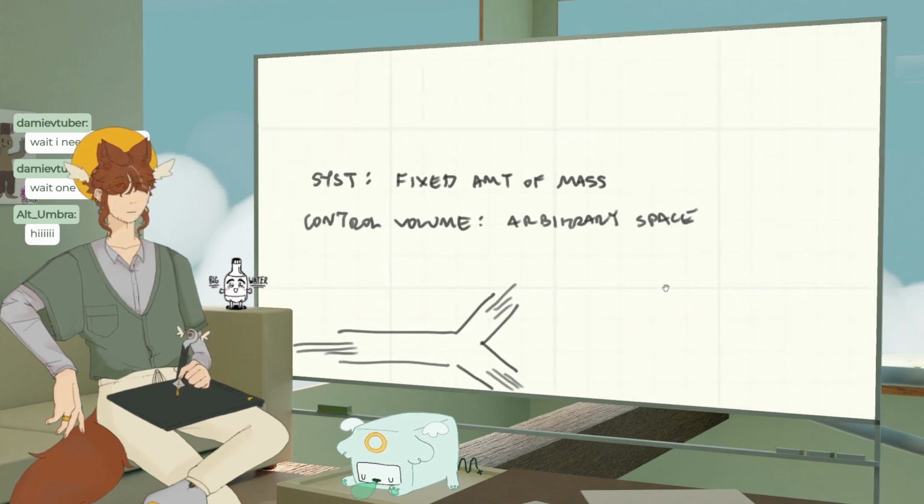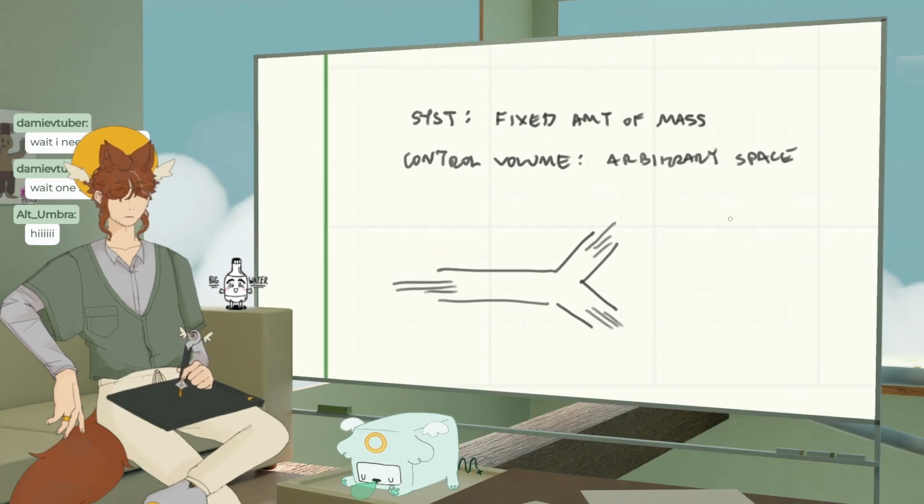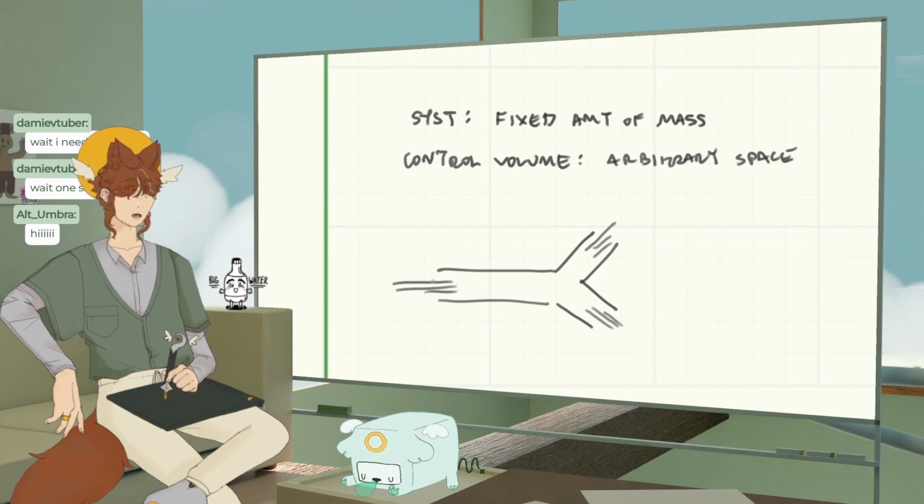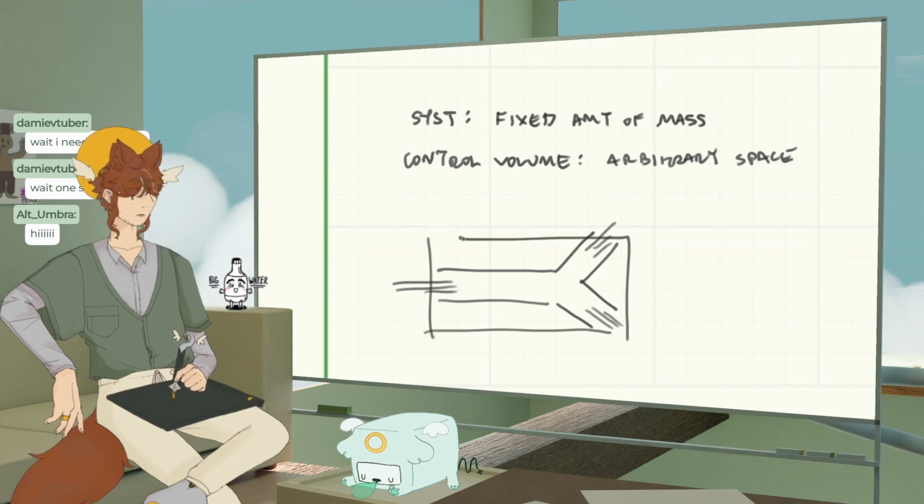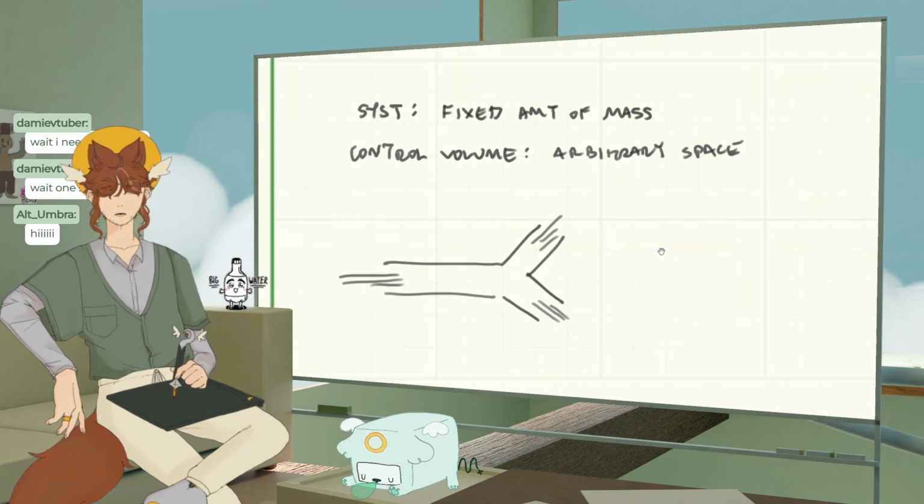One of the things that helps with knowing this comes a little bit later, but we might say, we want to analyze the water, so let's choose something like this, right? That captures all the water in there. We'll come back to that in a second though.